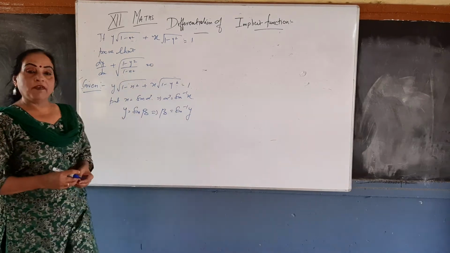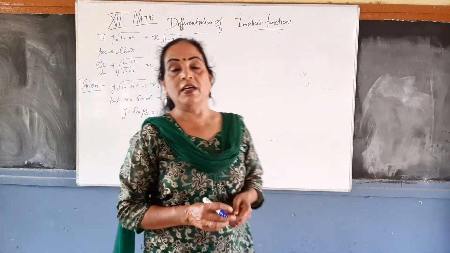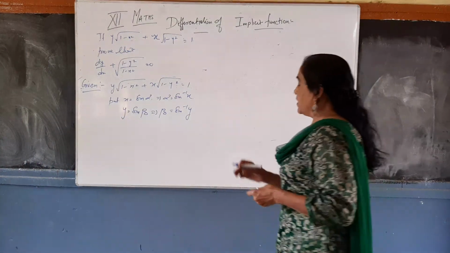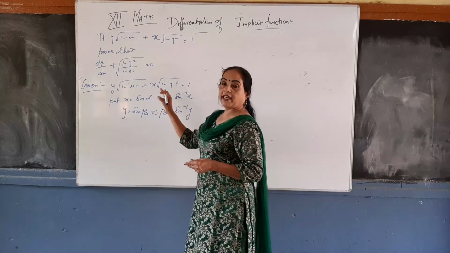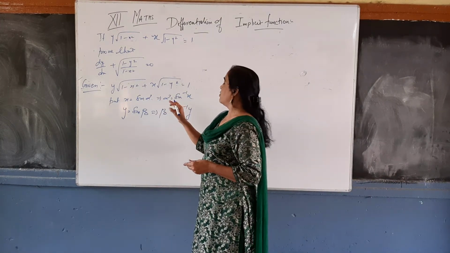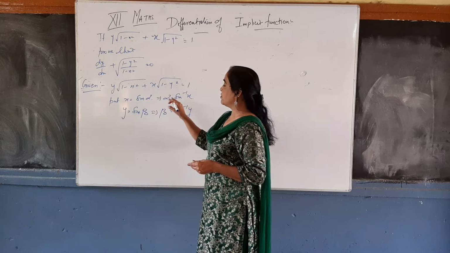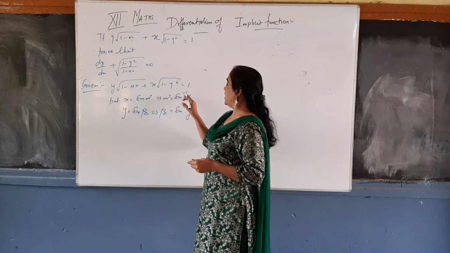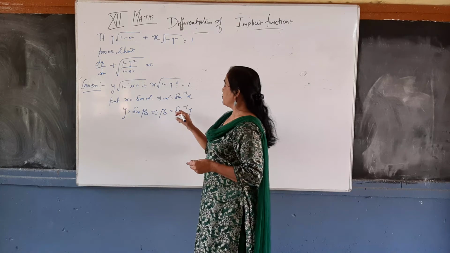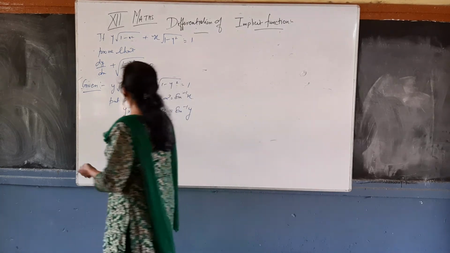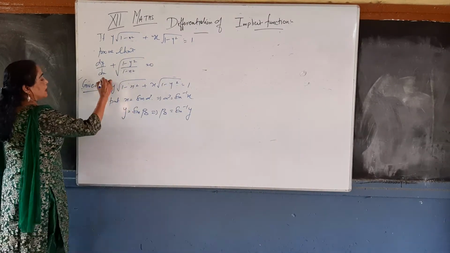We will replace x by sine alpha and y by sine beta. Then our question is given in x and y, so we also have to replace alpha and beta: alpha will be replaced by sine inverse x and beta by sine inverse y. So put the values in this equation.